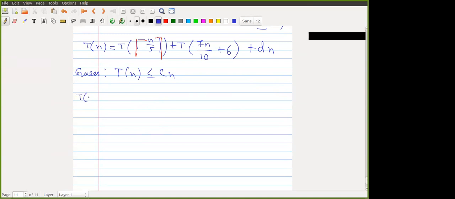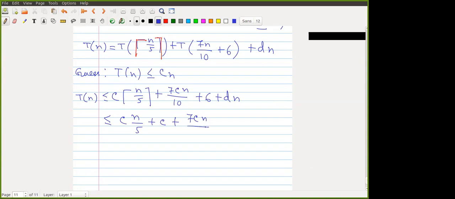So T of n, if we put it here, becomes C of n by 5, ceiling of course, plus 7Cn by 10 plus 6 plus Dn, right? So this is like C of n by 5 plus C, plus 7Cn by 10 plus 6 plus Dn.